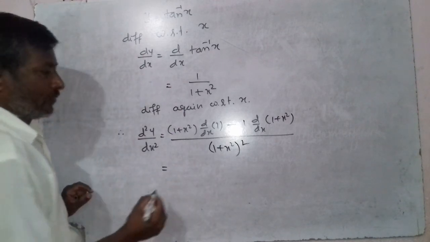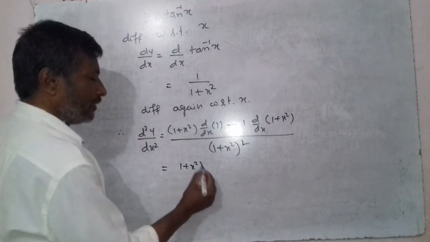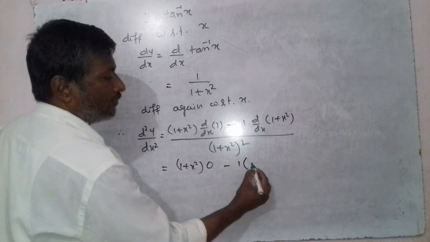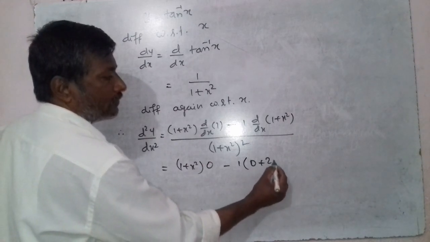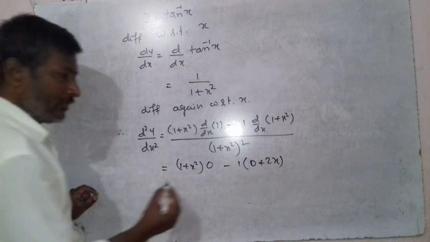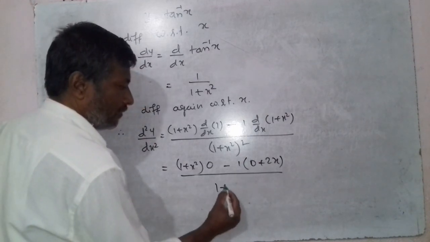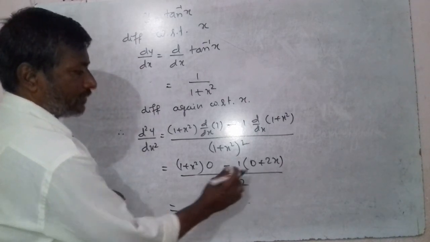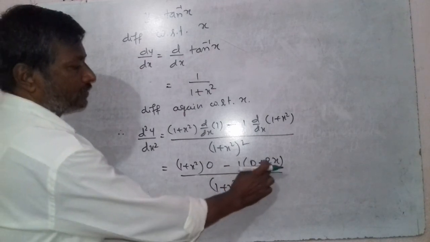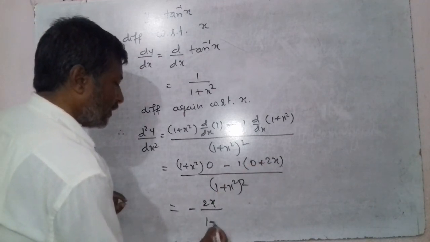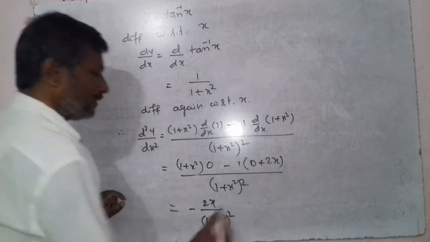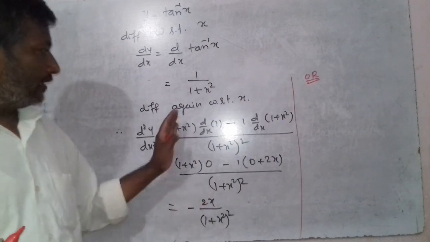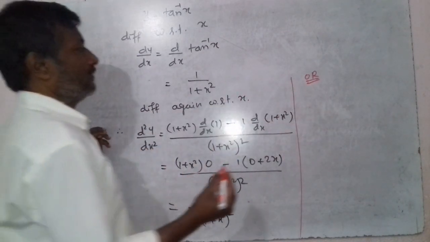This equals 1 plus x square into 0, the derivative of a constant, minus 1 into 0 plus 2x, divided by 1 plus x square, whole square. This becomes minus 2x over 1 plus x square, whole square.